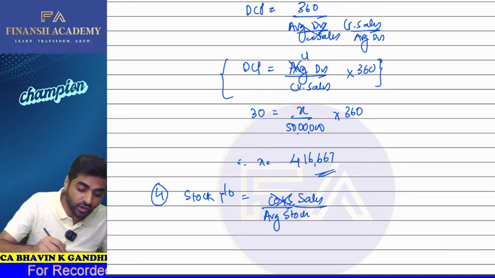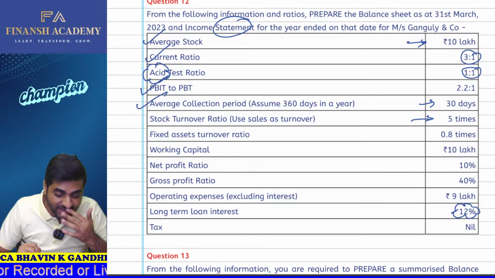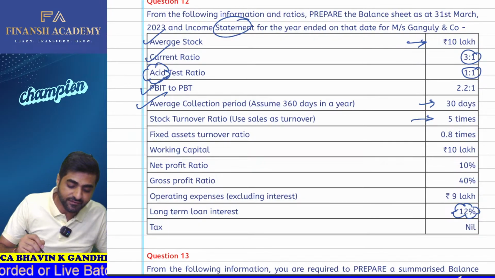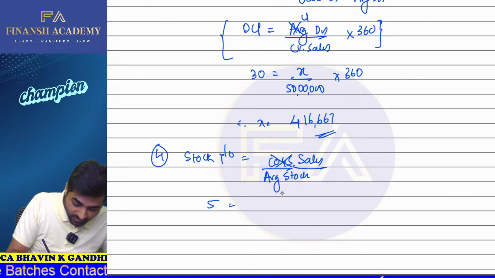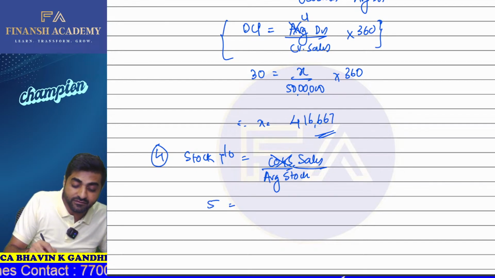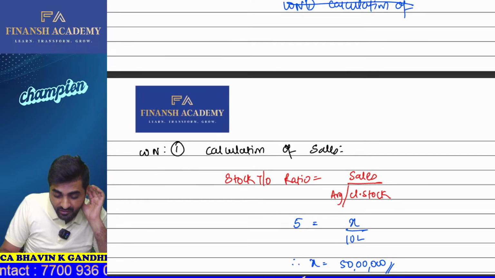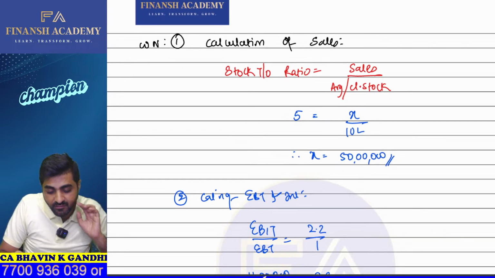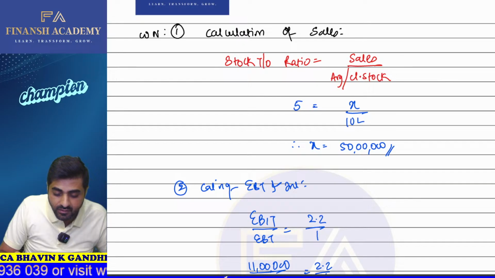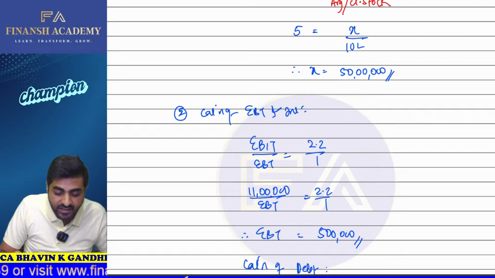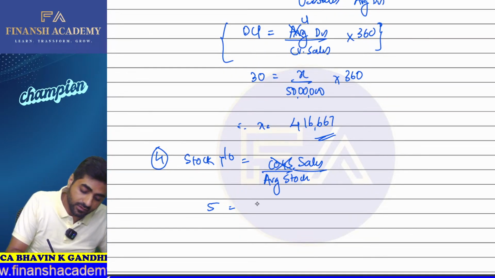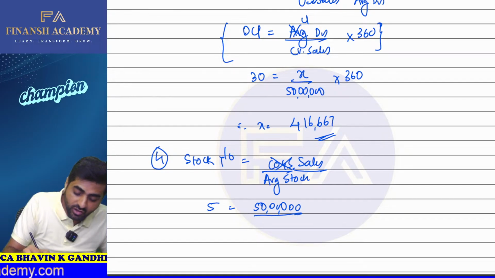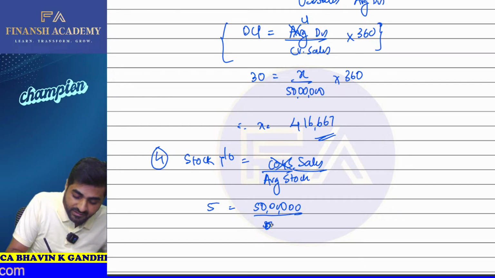And guys, do you have your stock turnover ratio available? Yes. How much is that? The stock turnover ratio is 5 times. So this will be 5 is equal to sales. Do I have the amount of the sales available? Yes, the sales was nothing but 50 lakhs. And your average stock is nothing but 10 lakhs.